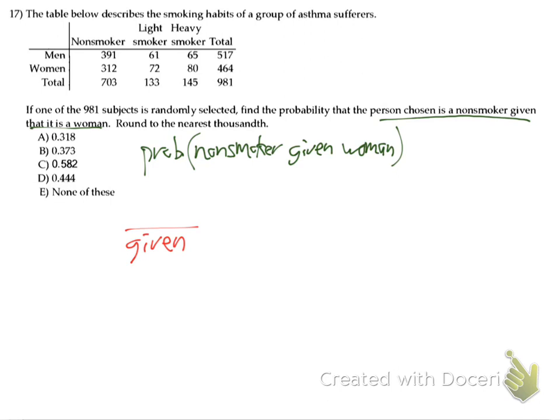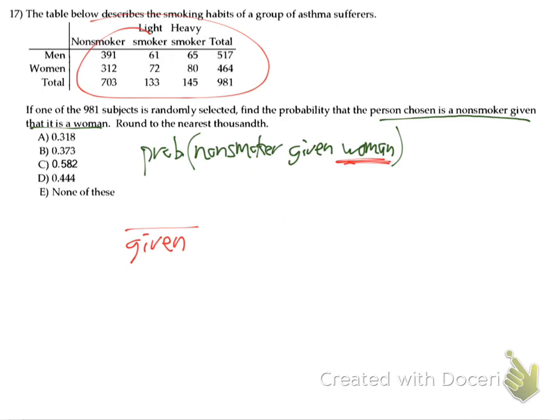Why? Because you're saying, hey, I picked somebody out of this whole group at random, and I'm giving you the information. Hey, it was a woman. They're giving us that. We know that. It wasn't a man. It was a woman. Well, if we know it was a woman, then that limits the possibilities, doesn't it? It couldn't just be anybody up there. It has to be one of the women. So when you're given information, it narrows it.